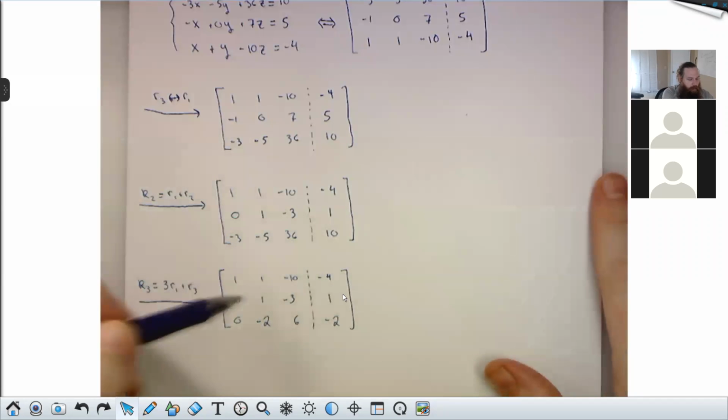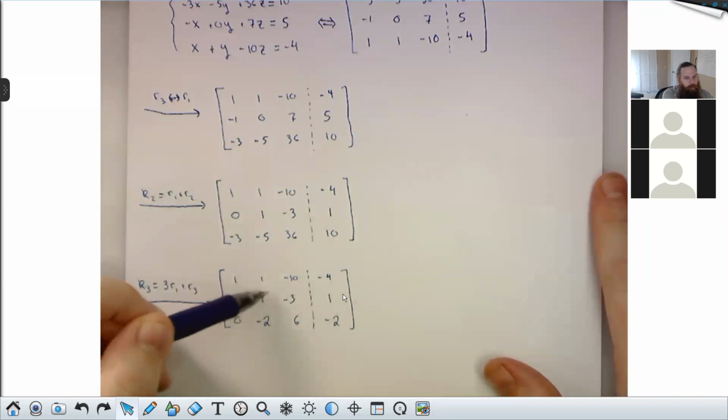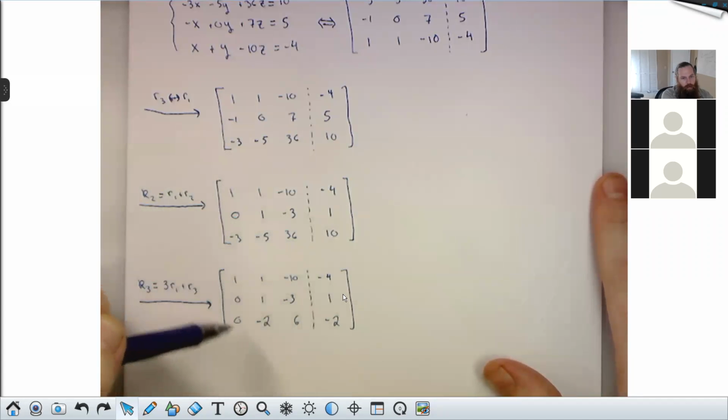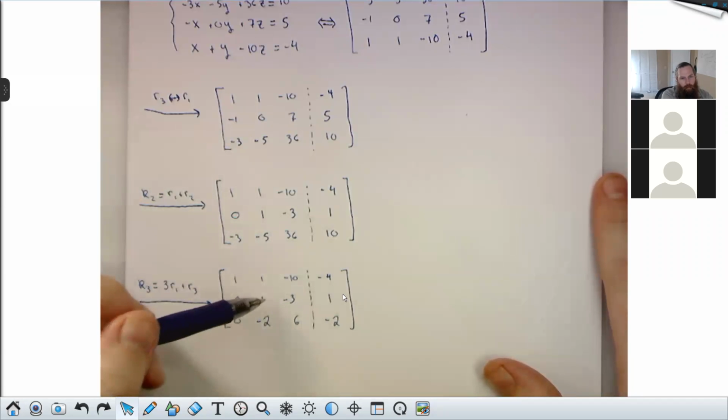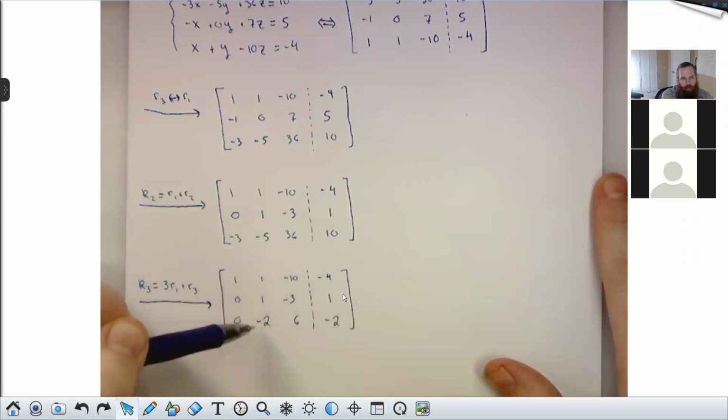And luckily, I already have a 1 in this second pivot. So I don't need to create a 1 here. So my first move from here is to kill the 2 down here. I'm happy with column 1. Column 1 looks how I like it, 1, 0, 0. To get column 2 how I like it, I need a 1 here, that's already done, and a 0 beneath.